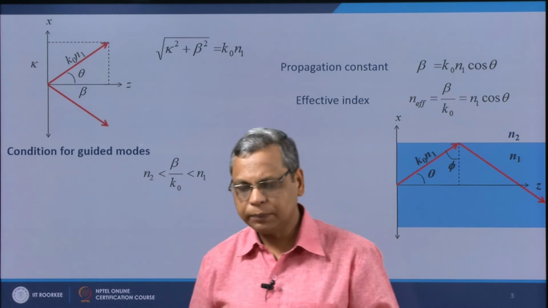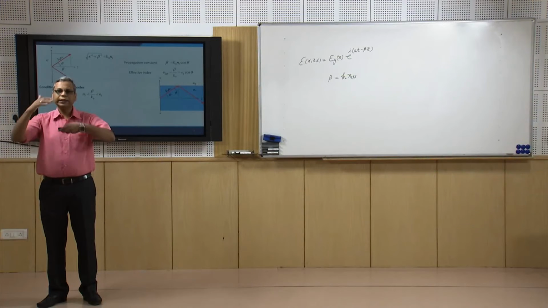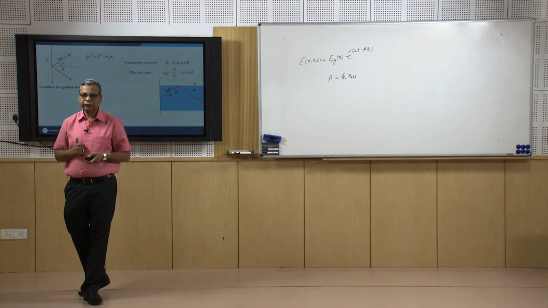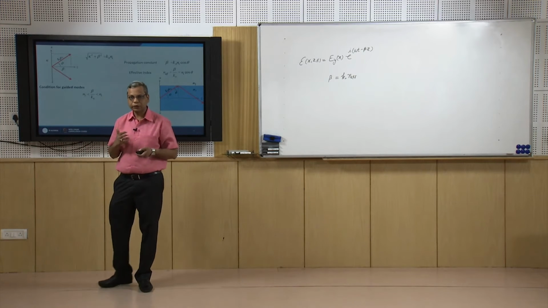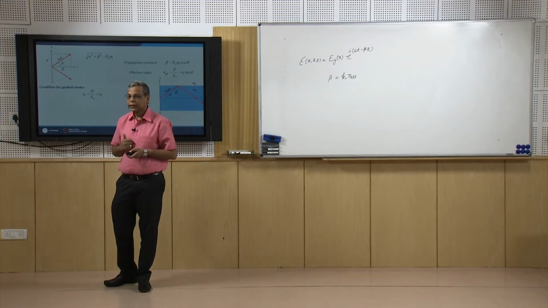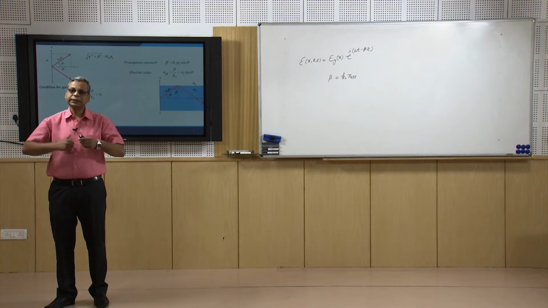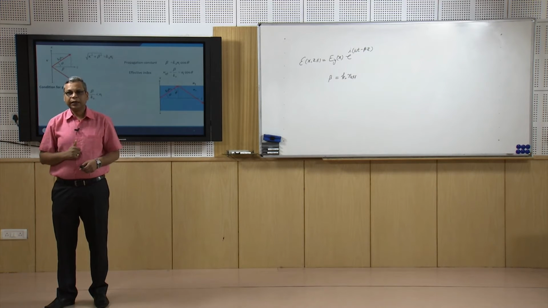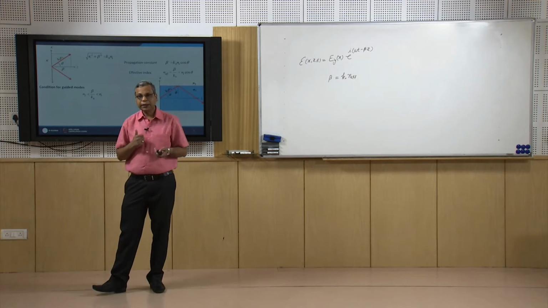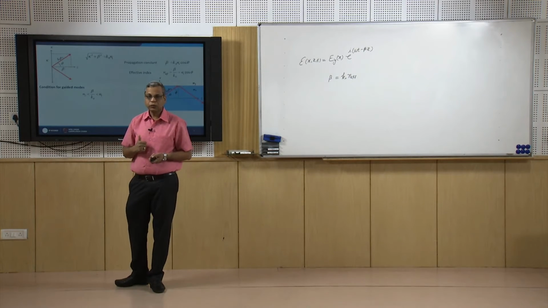Also, if you look at the planar mirror waveguide, you will say that the field is always in the n1 region, so why should it have different effective indices for different modes, and why should it be different from the refractive index n1? Similarly, in radiation modes the energy is distributed in the n2 region and goes up to infinity, and the effective index for radiation modes, as we will see later, is less than n2.